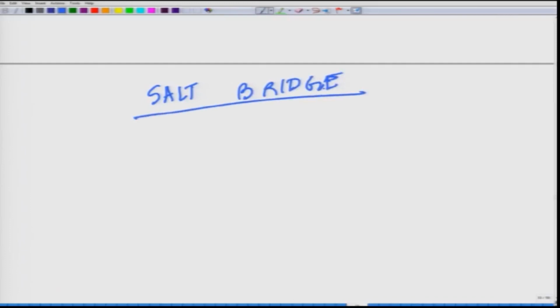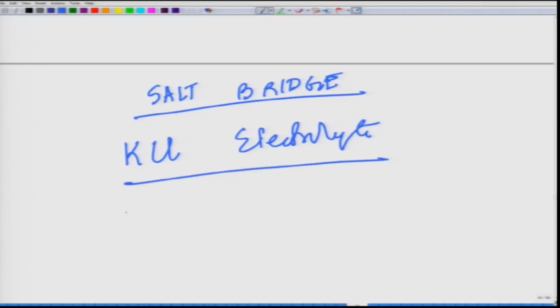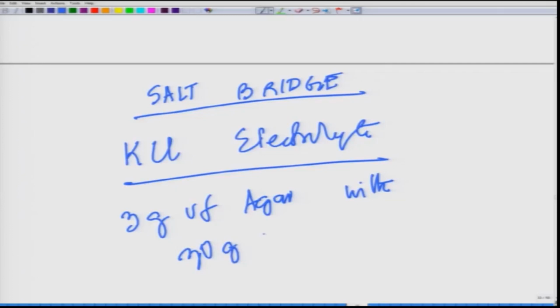Okay. For reactions that do not involve silver or other species that react with chloride, the salt bridge usually contains KCl electrolyte, and a typical salt bridge is prepared with 3 gram of agar and 30 gram of KCl in water.